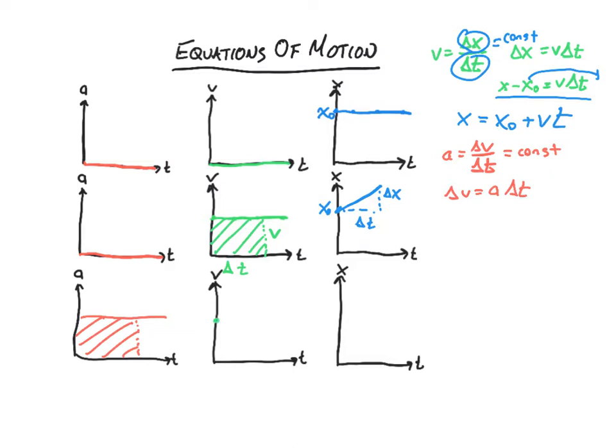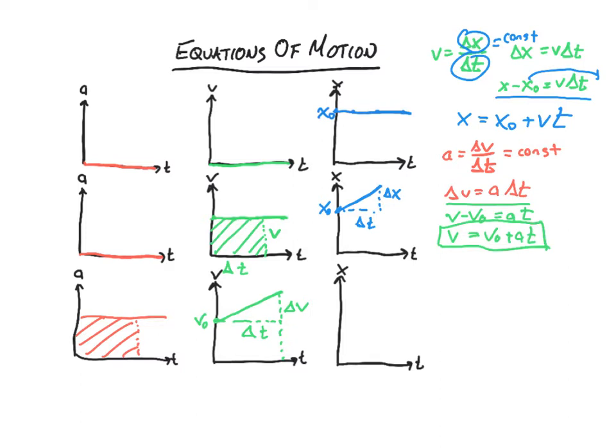So if we started at some v0, we would have a constantly changing velocity, right? This is delta v, this is delta t. But now we have our velocity equation of motion from this: v minus v0 is equal to at, so v equals v0 plus at. So that's one way that you can think about where this equation comes from.